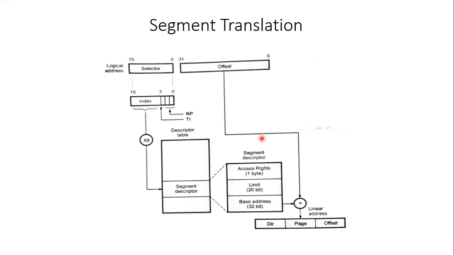But if it is found that the selector privilege level is lower than the privilege level of the segment the program wants to access, then the memory management unit will deny the request and send an interrupt signal to the CPU, indicating a privilege level violation, that I cannot allow the current program to access the segment.